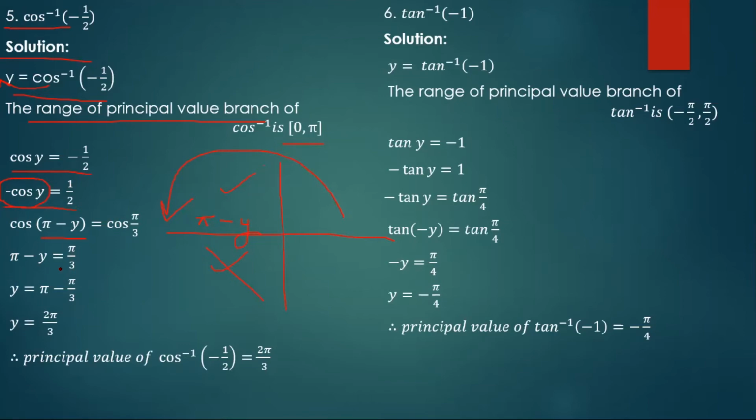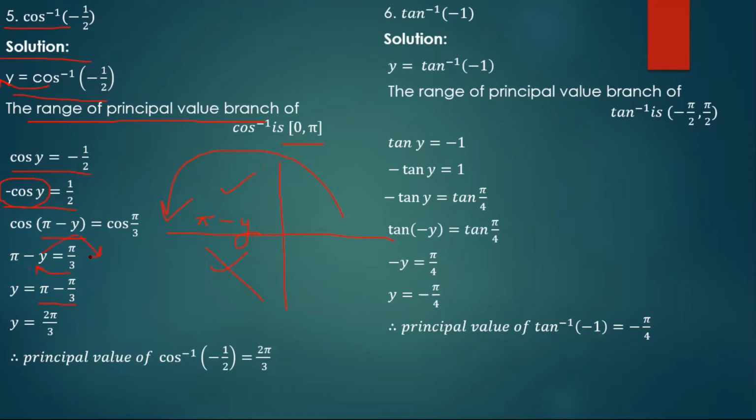When we interchange the sides, we put y on this side, and pi by 3 goes to the other side and becomes negative. So we get y equal to pi minus pi by 3.